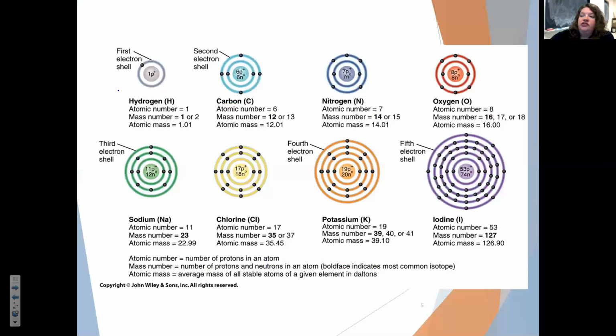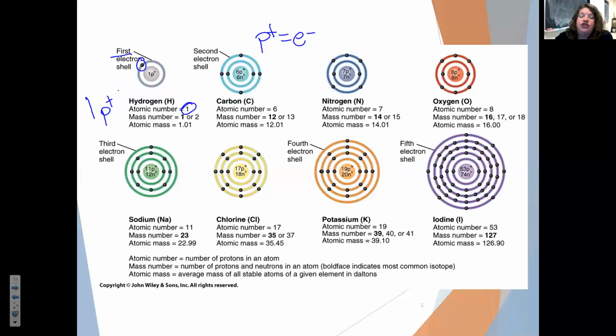So the simplest atom that they have here is the hydrogen atom. Hydrogen has an atomic number of 1, so it has 1 proton. Since it's an atom and the number of protons equals the number of electrons, it's also going to have 1 electron. That electron is going to go in this first electron shell.